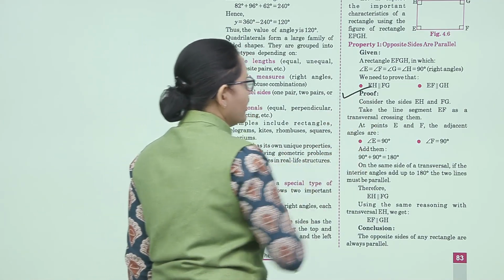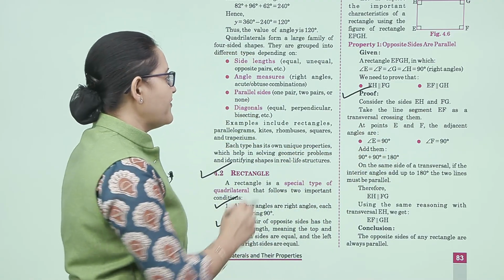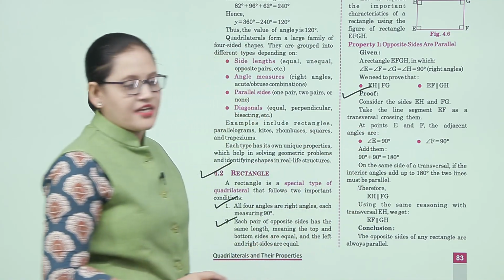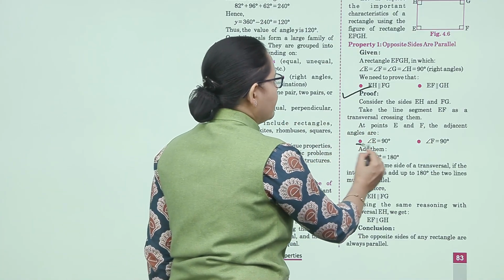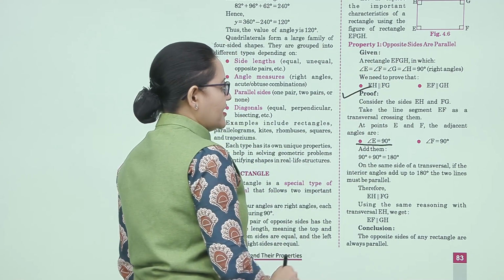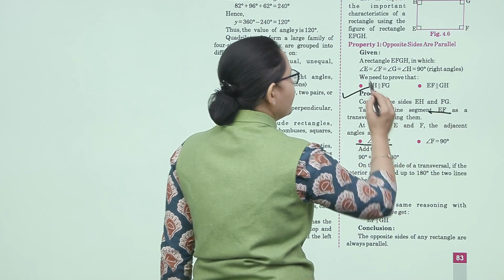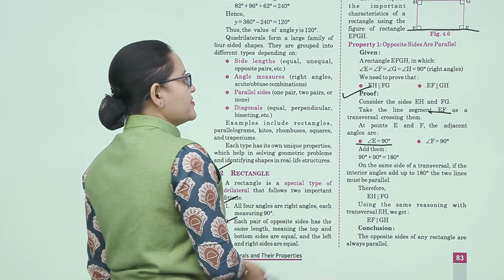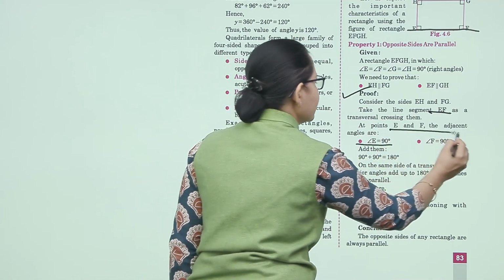Now, consider the sides EH and FG. Take the line segment EF as the transversal crossing them at the points E and F, adjacent angles.